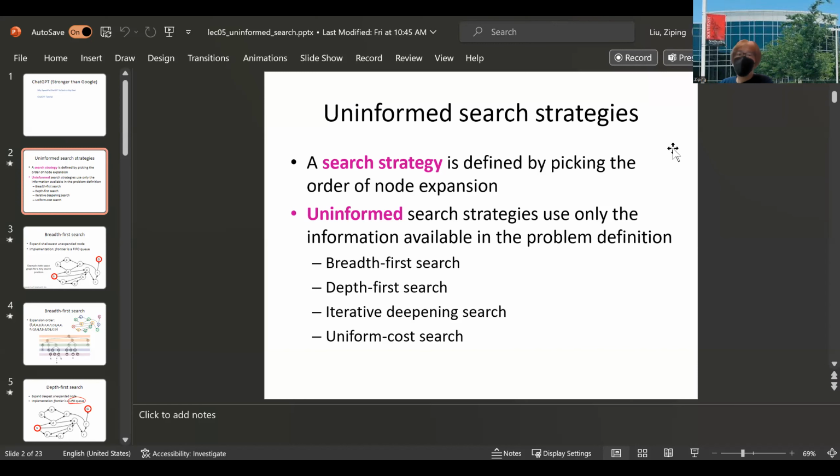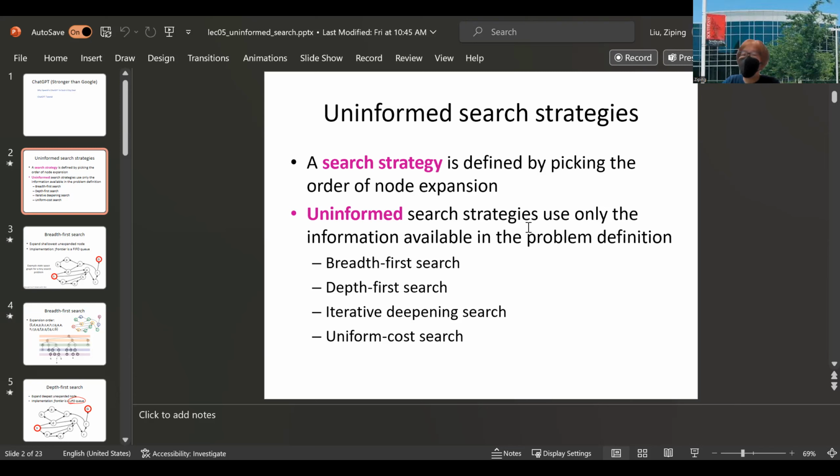A search strategy here is defined by picking the order of nodes to expand. You remember last class we also discussed depth first search and breadth first search. The order of nodes to expand is different. So we will discuss this.